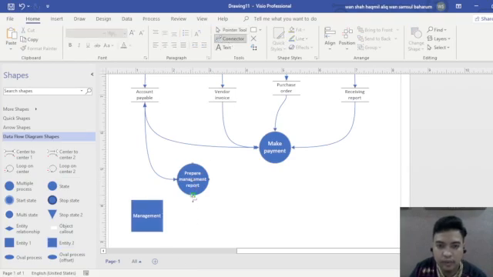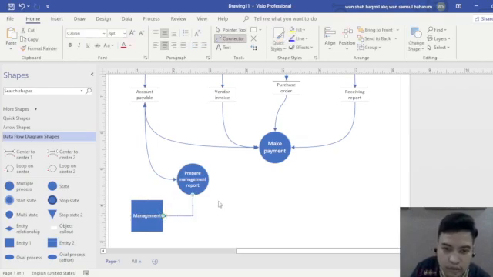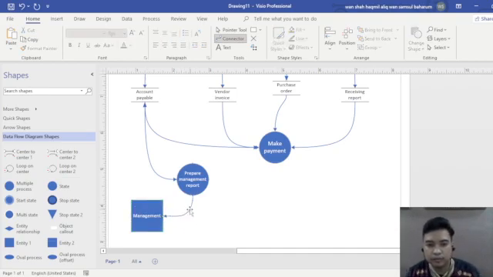This prepare management report will send the account payable report to the management. So this data flow we will put with the name account payable report.